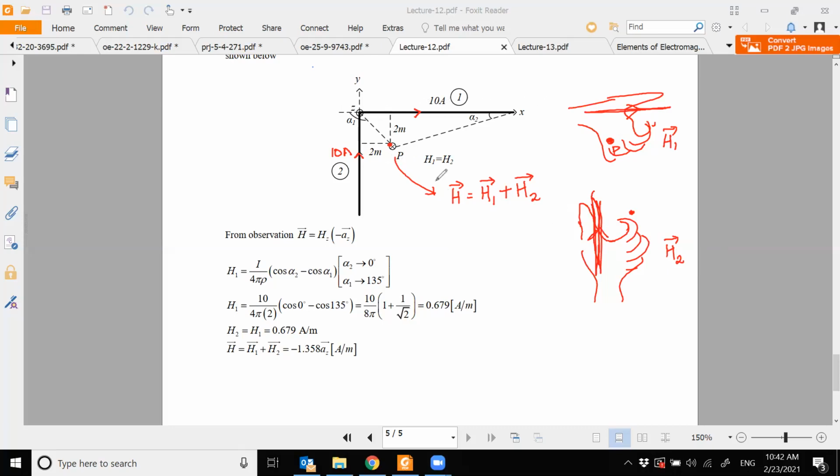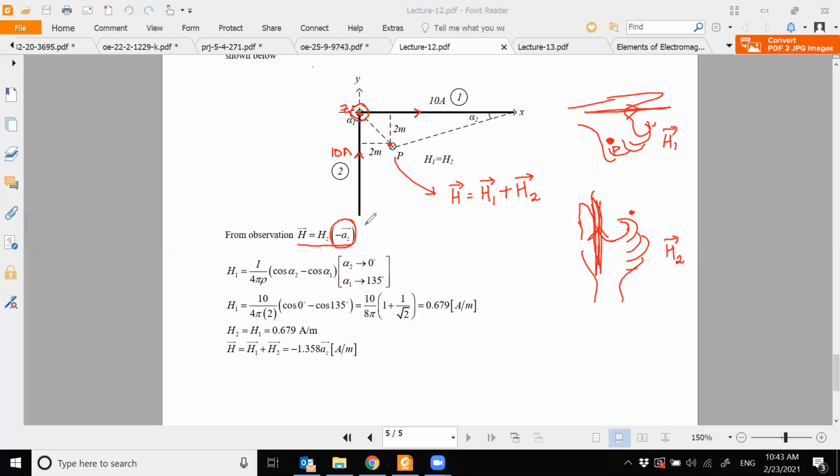If this is my X, this is my Y, and my Z is inside the screen. No, it is not inside the screen, sorry. My Z is outside the screen. So it's a dot. Let me erase and put it properly. So this is my Z, it's a dot. Then your magnetic field is going inside the screen. So I can say that my magnetic field has minus AZ component.